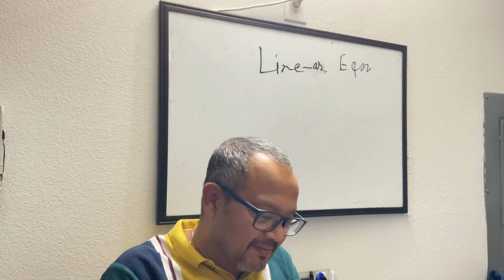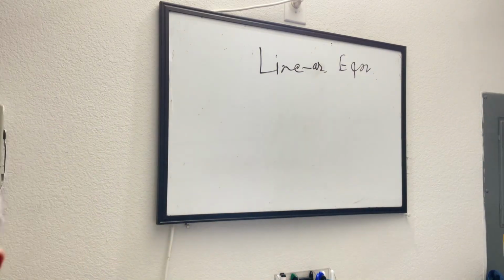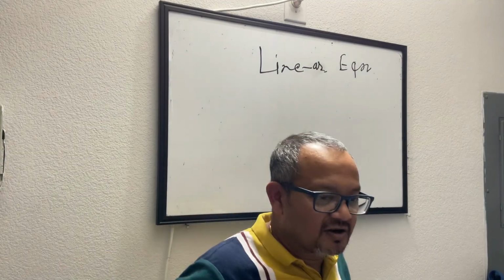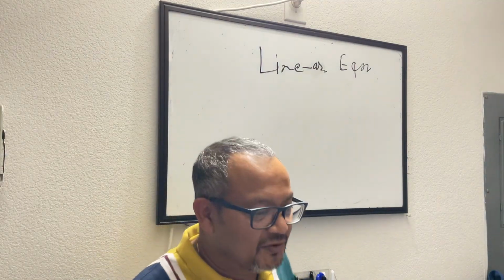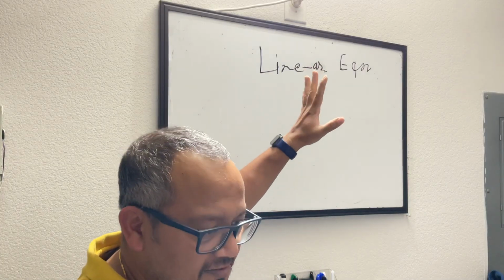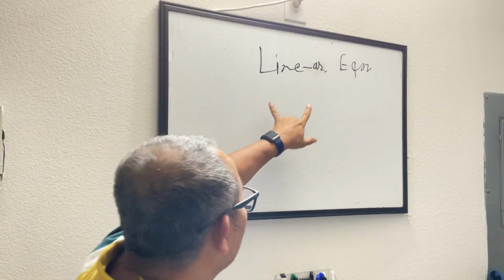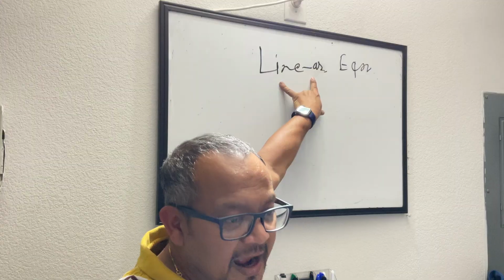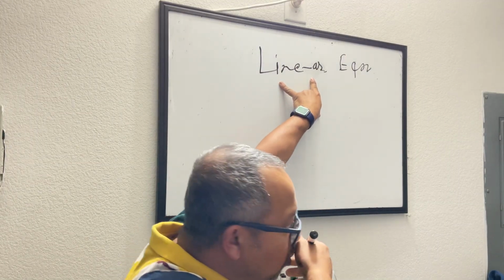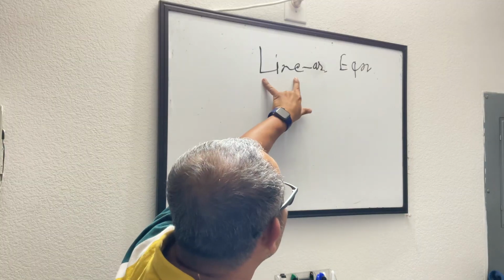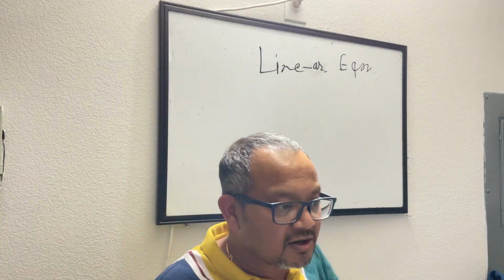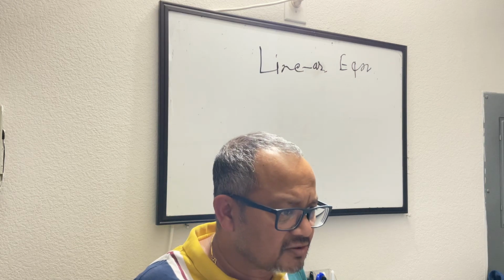So I always keep saying, English is the mother of math. Meaning, if you know the English meaning of the thing, most of the times you'll be able to relate. So that's why I'm thinking of math like English. Any equation that draws a line or a straight line is called a linear equation. Is that okay to start with?